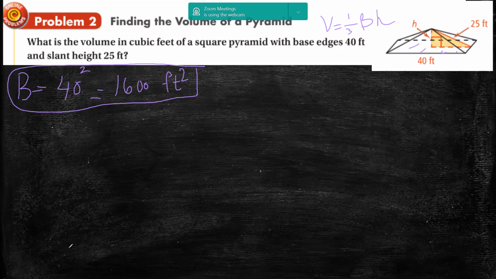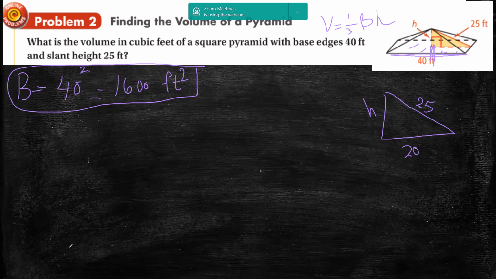If you look at it here, we have a right triangle. This is the height. This is the 25, which is the slant height. And since it is like a bisector, it cuts the edge into two equal halves. The length of this edge is 40, and half of it is 20.